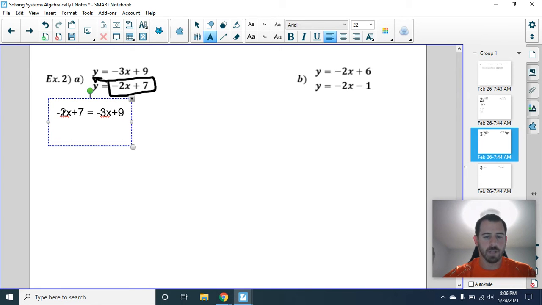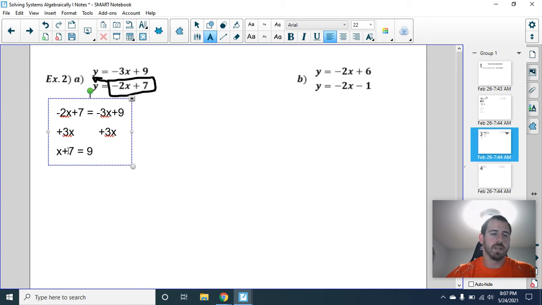So I would add the 3x to both sides. Negative 2x plus 3x gives me a positive x. We still have plus 7. And then on the right side, those 3x's would cancel, and we just have a 9 left over.